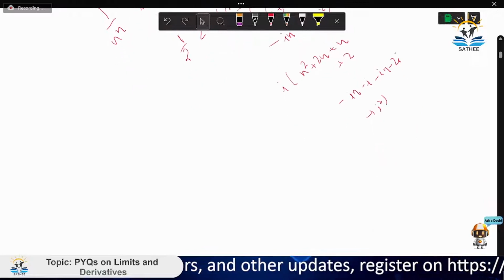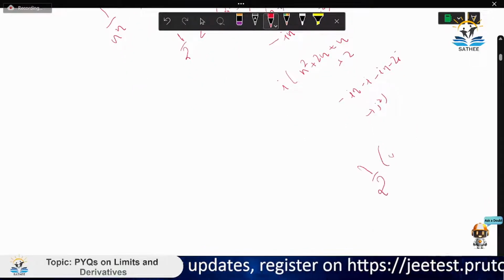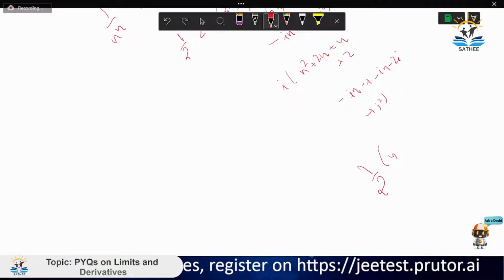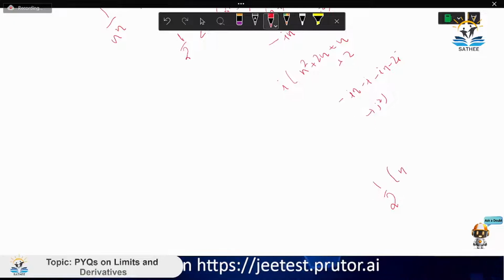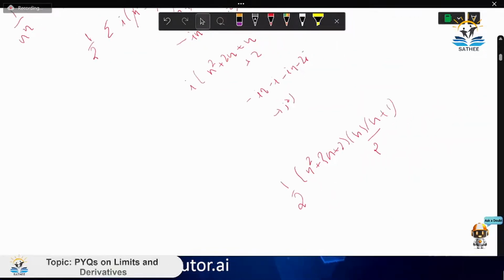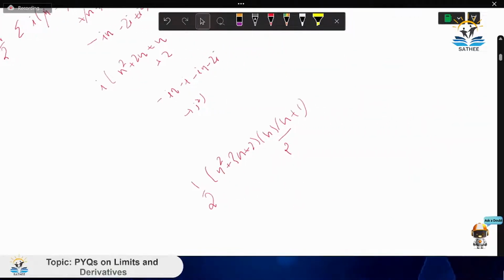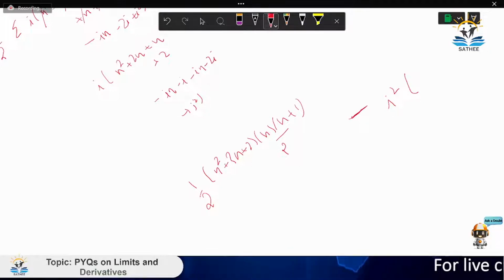So let us see again. So half times (n square plus 3n plus 2) plus (n plus 1) by 2. There was a summation, right? And then I have i square. There's a negative sign. Let's take the negative out.